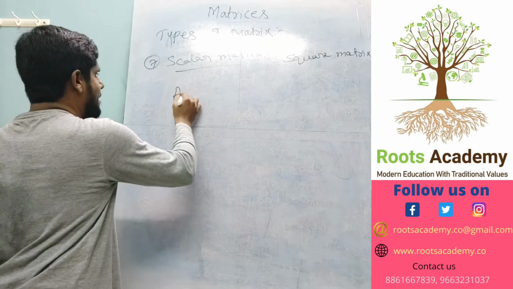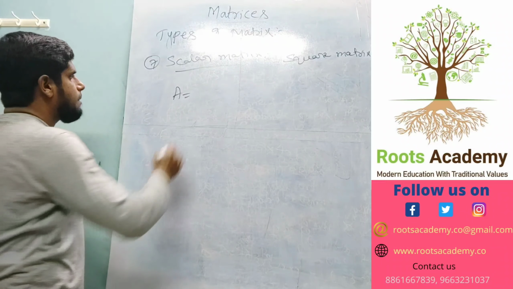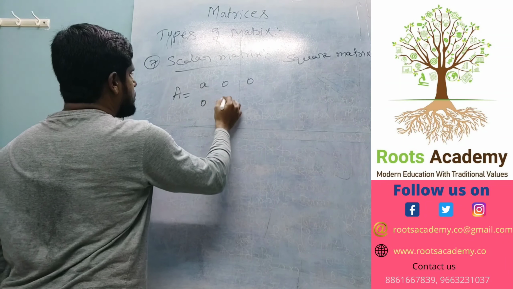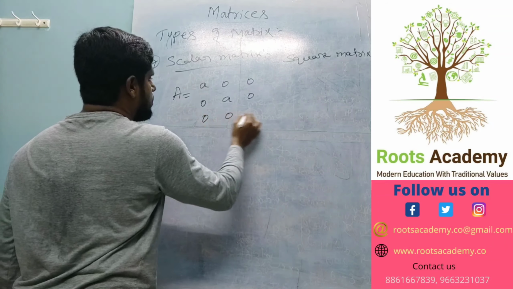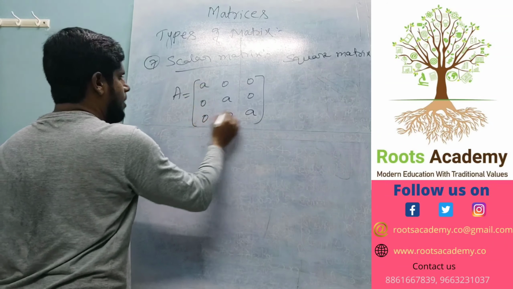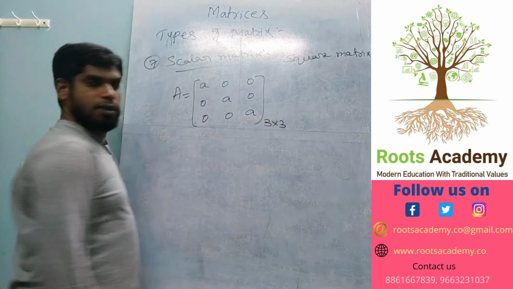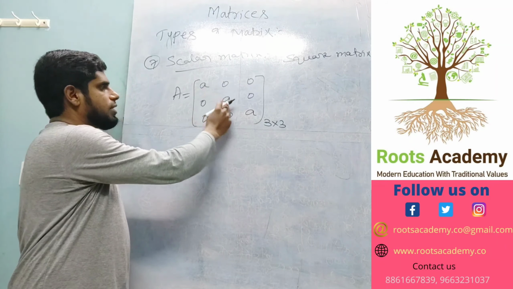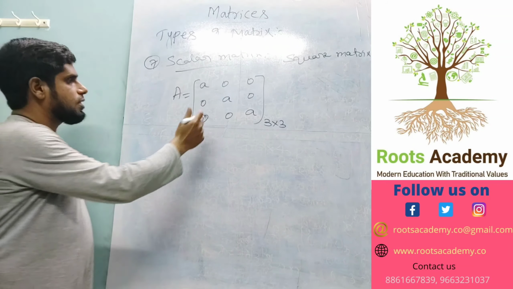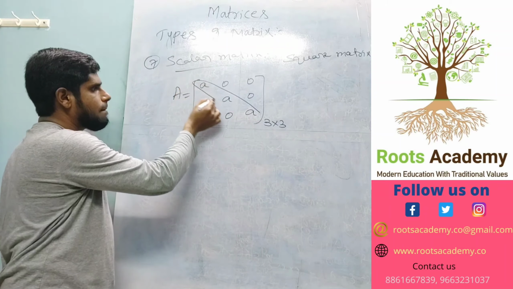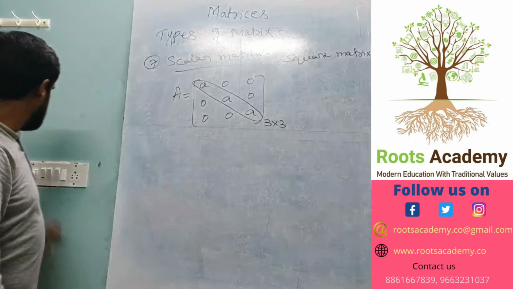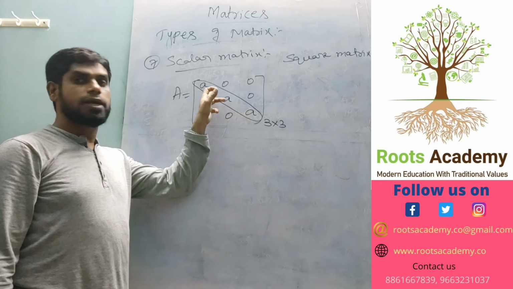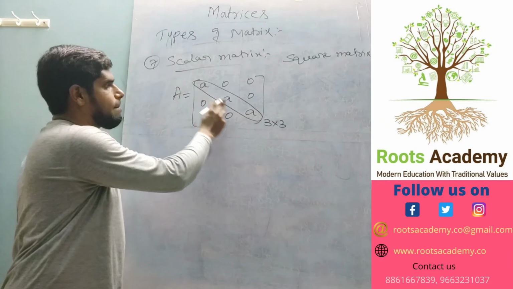Example: if A is the matrix, I have A 0 0, 0 A 0, 0 0 A. It is 3 cross 3 here. I wrote a general element instead of numbers, and you can easily see that all the principal diagonal elements in this matrix are equal.